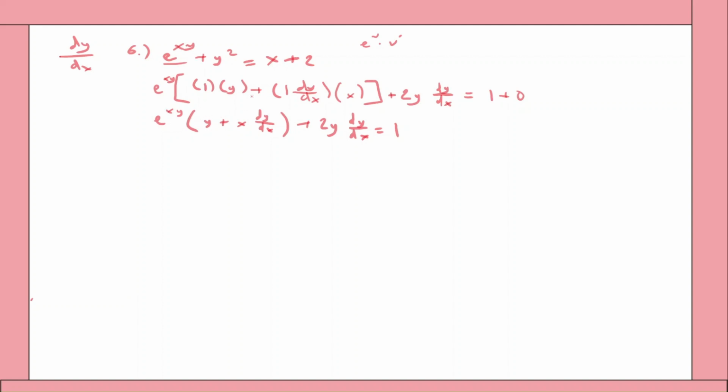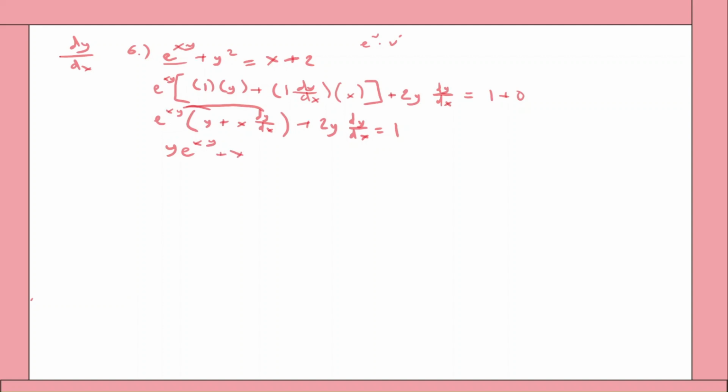Now we're going to do something that seems intuitive, but it may not with all this stuff going on. We're just going to distribute this e to the xy to everything in the expression. So e to the xy times y is just going to be y multiplied by e to the xy, and then e to the xy times this x dy dx is just going to be x.